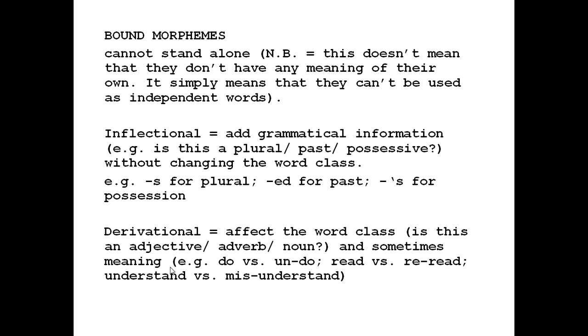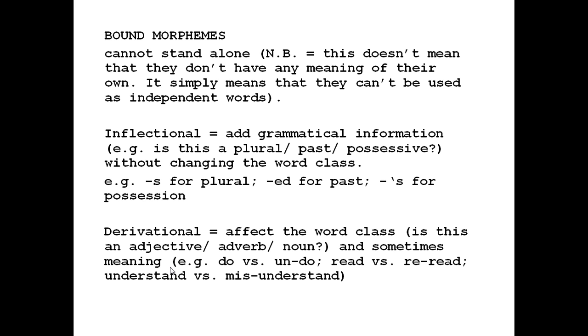So bound morphemes can be divided into derivational and inflectional. For example, we've seen in this presentation the word answers. Answers. That one is an inflectional morpheme if it means plural, yeah, and it can also mean, if answer is a verb, the third person singular.